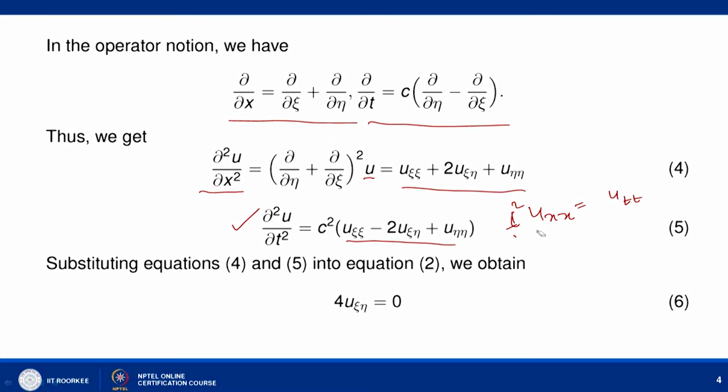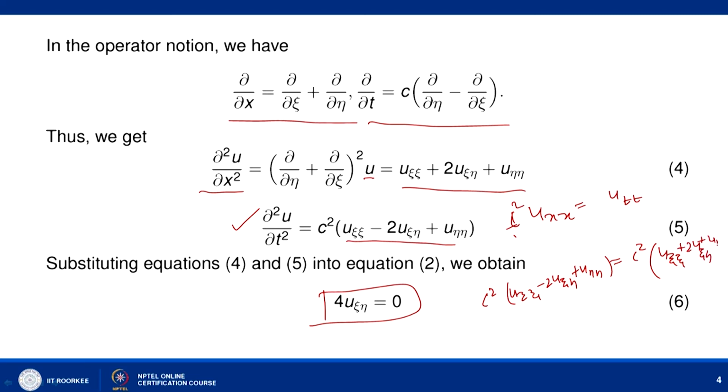So when you use this, you can see that your equation is now reduced to 4 u_xieta equal to 0, because here u_tt is c square times u_xixi minus 2 u_xieta plus u_etaeta, equal to c square times u_xixi plus 2 u_xieta plus u_etaeta.